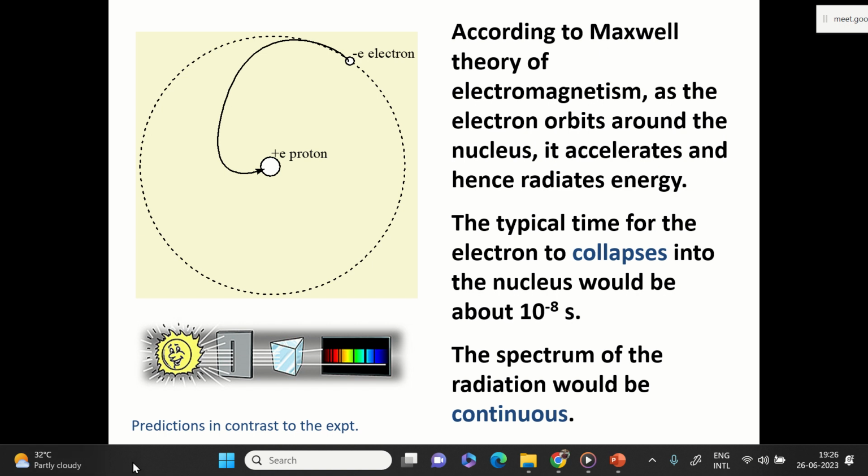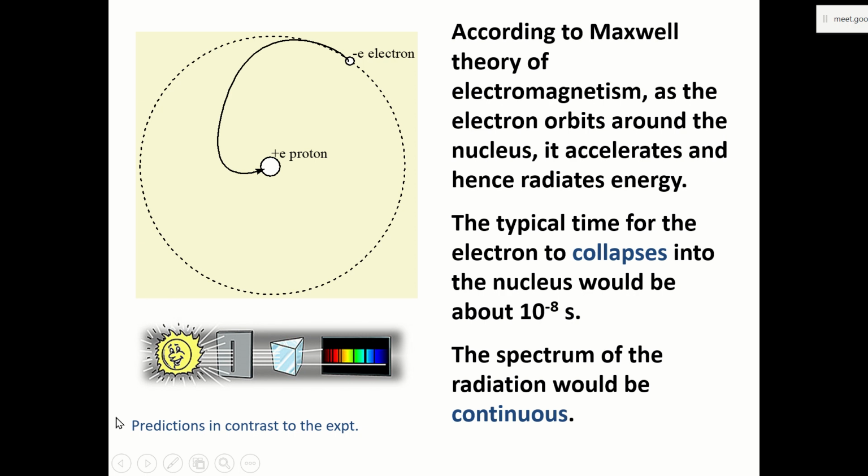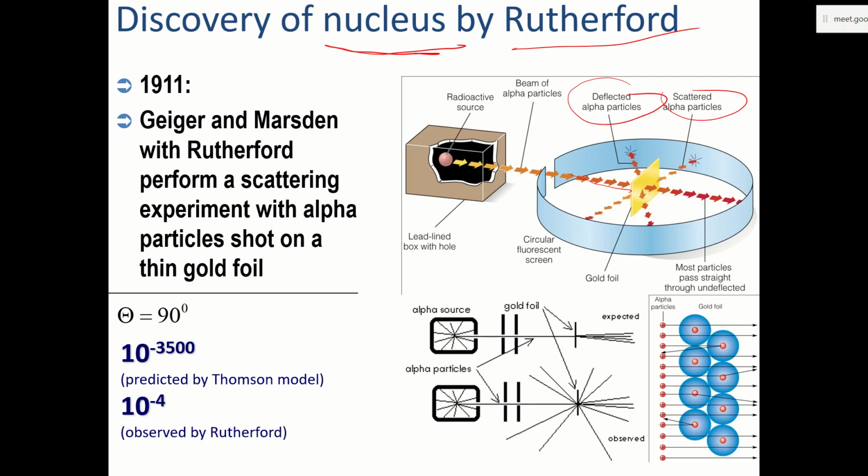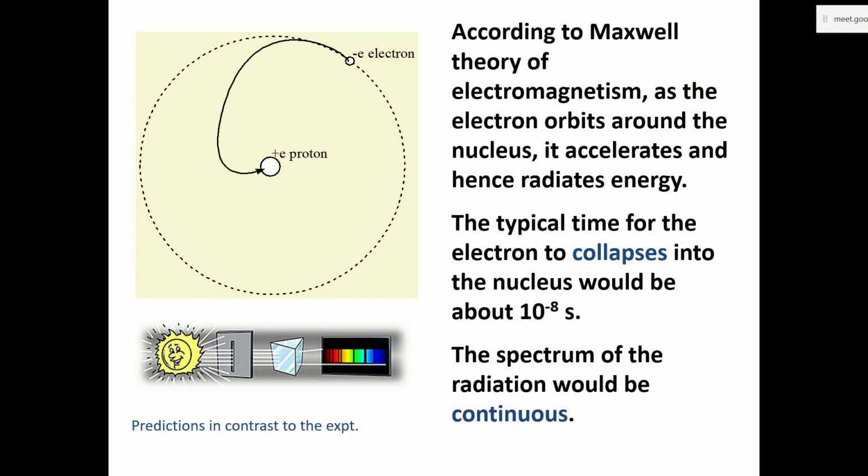So again, he suggested his own model of the atom, that there is a proton at the center and an electron is moving around. But the classical Maxwell theory of electromagnetism tells you that if there is any moving charge, अगर कोई moving particle है, moving charge है, और वो circle, if it is constantly accelerating, then it will radiate out energy.